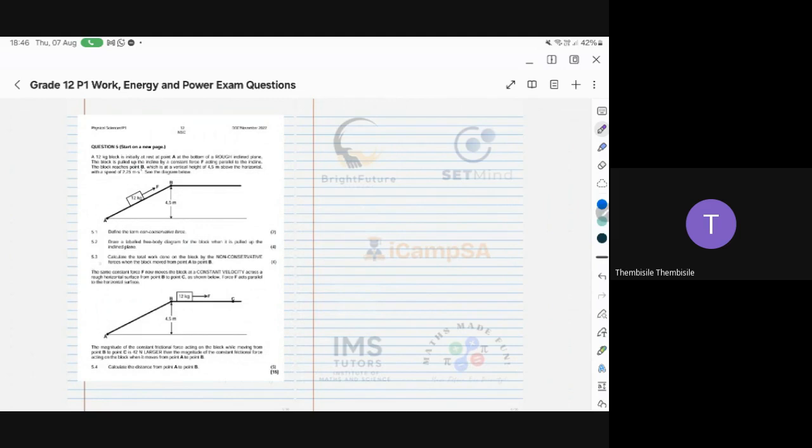They want us to calculate the total work done on the block by non-conservative forces when the block moved from point A to point B. So there are different ways of doing this. I'm not sure which one you prefer, but for now, let's use this one.